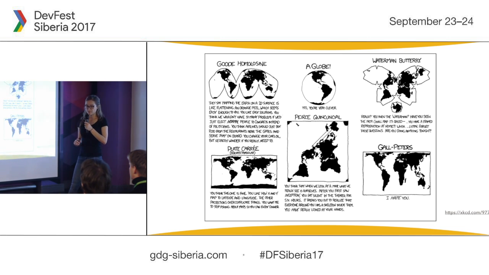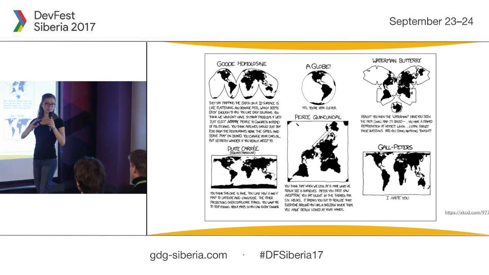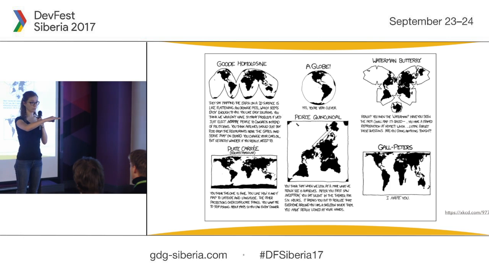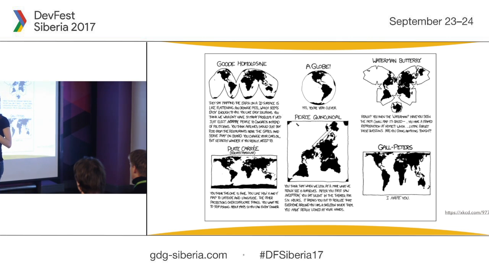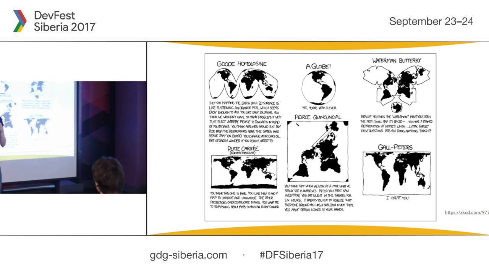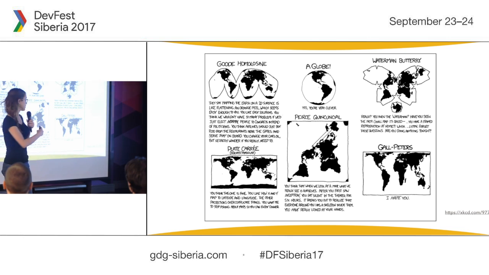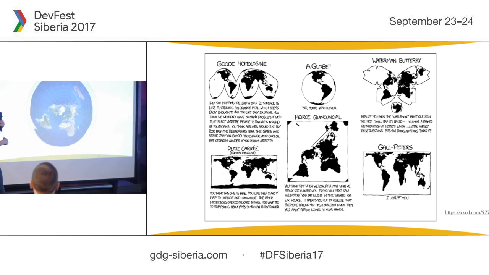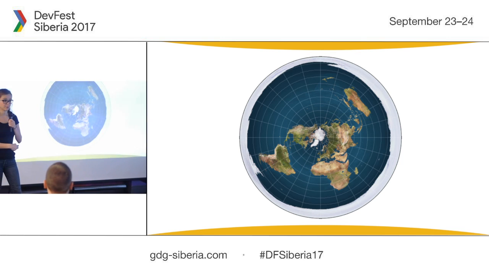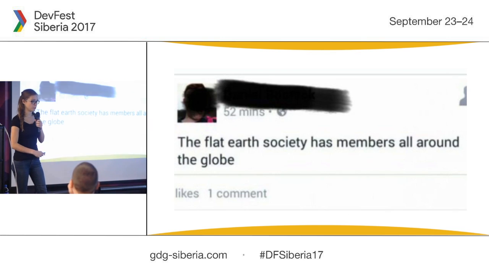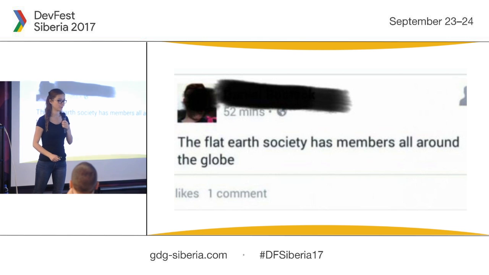The reason you have different projections is that when you take a sphere and project it onto a 2D surface, you're going to lose some information. The different projections show the different information you choose to lose in each one of them. So the easiest way not to have this problem is, of course, to go for the Flat Earth Society. You should join them. They have members from all around the globe.